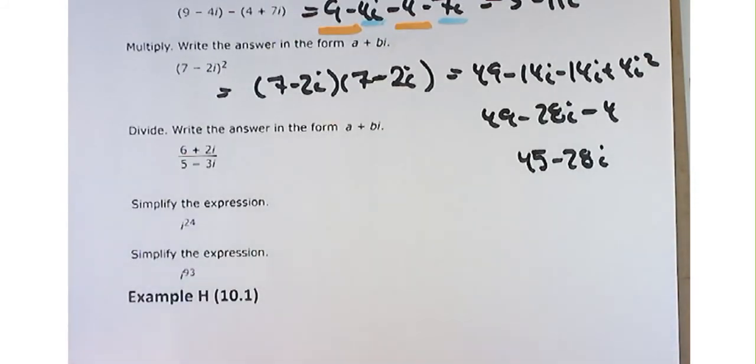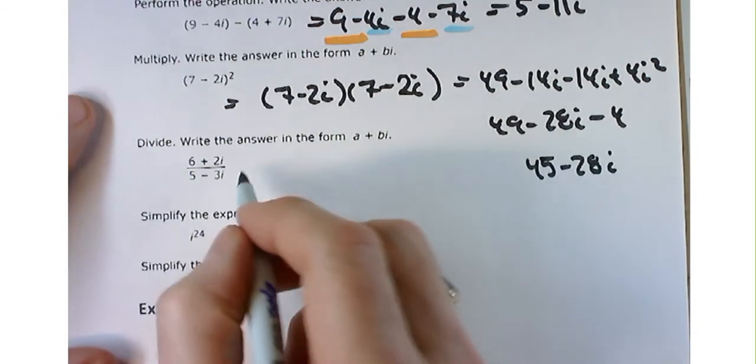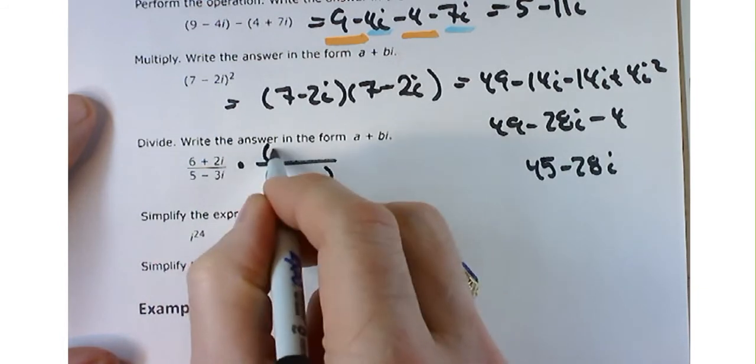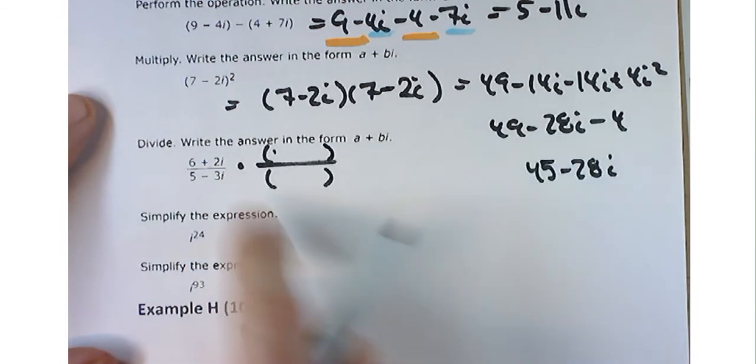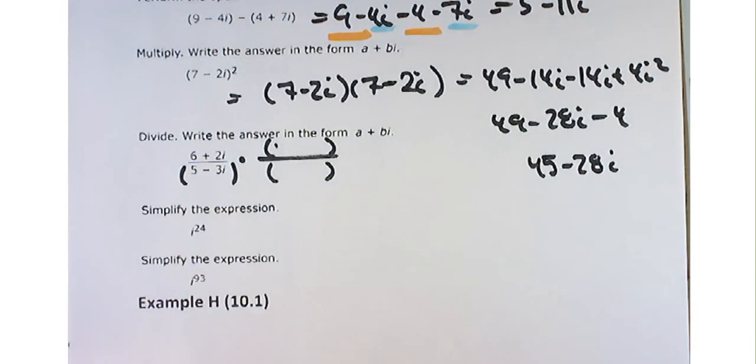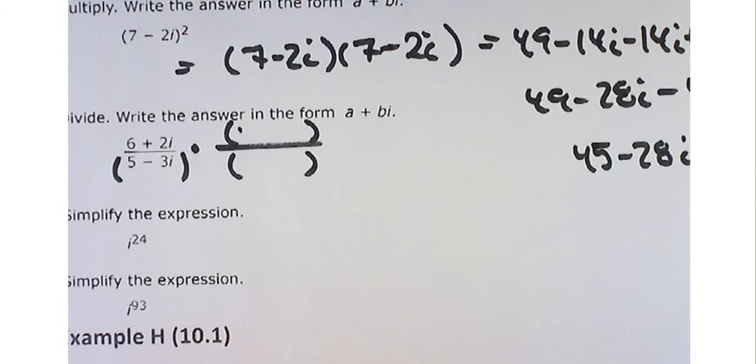Okay. Kind of running low on time here. This is another one where you've got a radical in the denominator. It's kind of disguised because i is the square root of negative 1. So it is a little bit disguised, but it's still a radical in the denominator. We don't like those there.